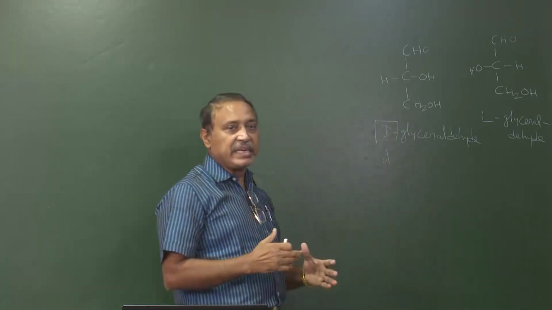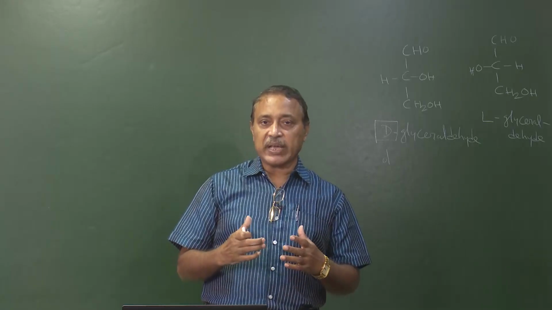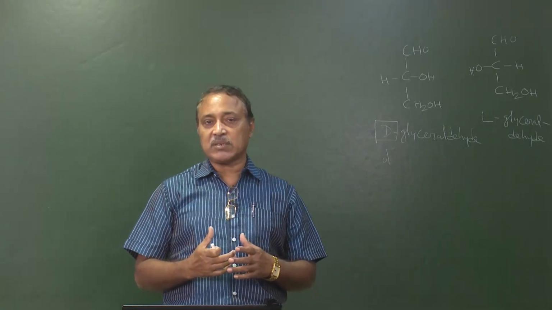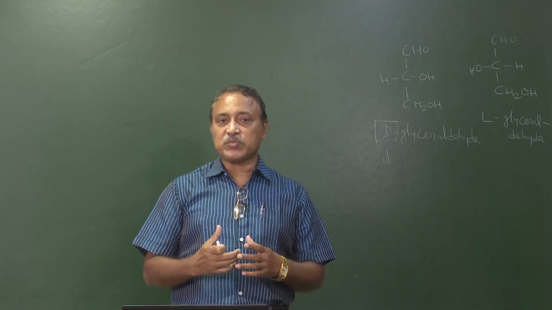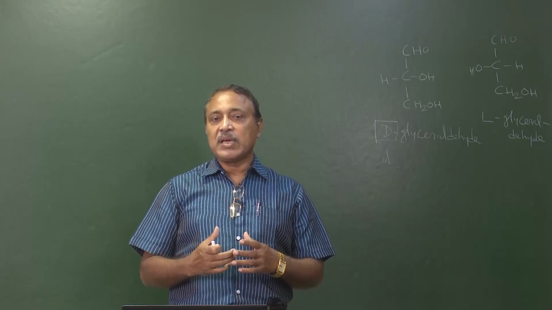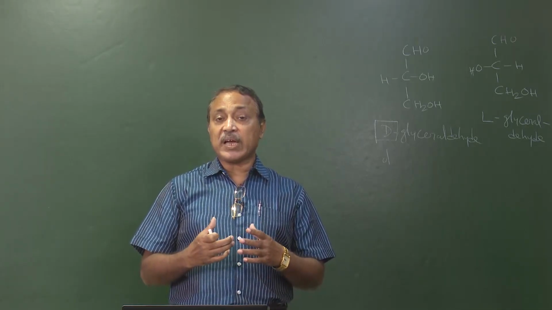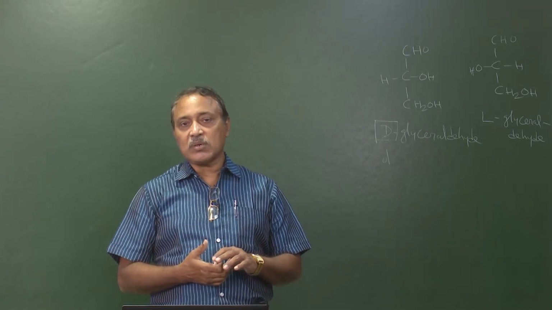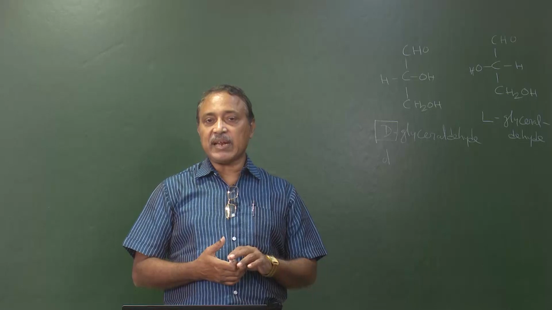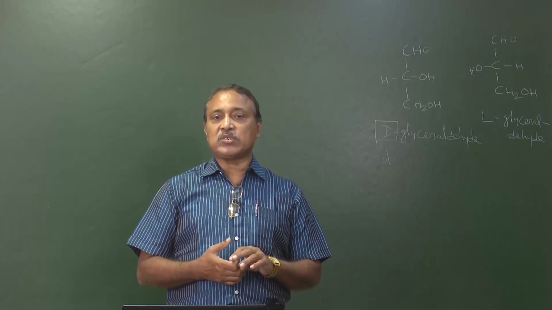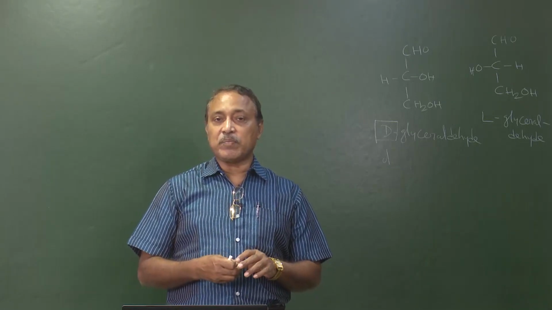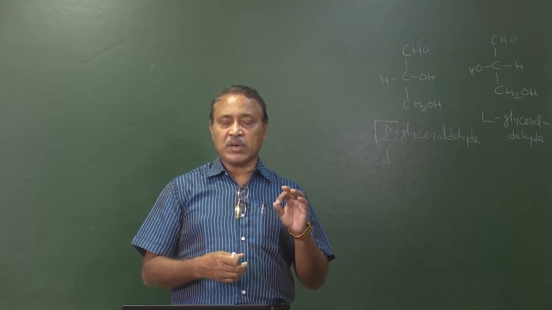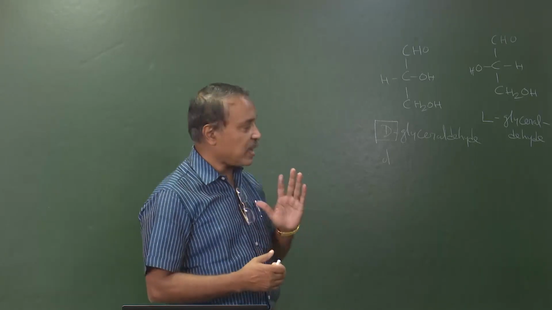Small d indicates optical rotation, small l indicates optical rotation, but capital D indicates the position of the hydroxyl group in the farthest asymmetric carbon atom. Also capital L indicates the position of the hydroxyl group around the farthest asymmetric carbon atom.